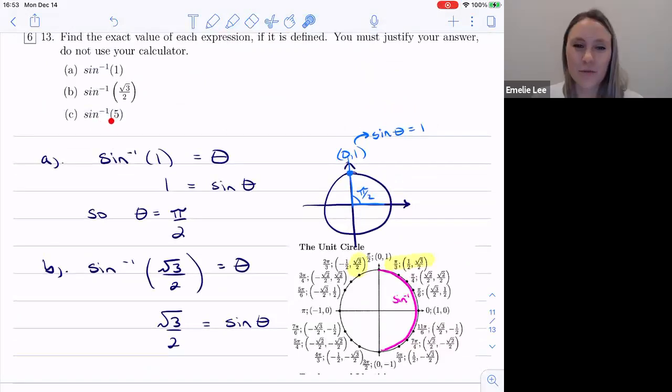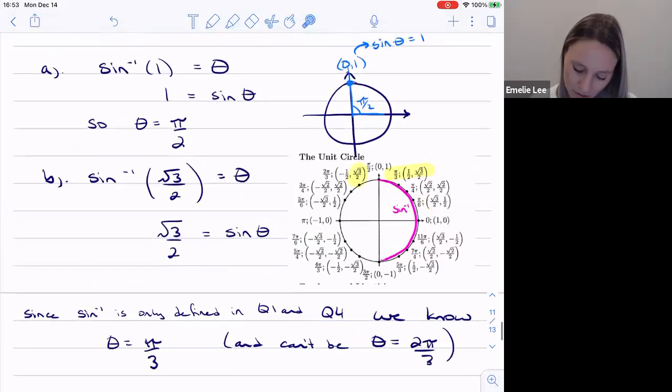Sine inverse of 5, let's think about it. Well, I'm restricted to the y values on this half circle, right? So my largest possible sine theta value is 1, and my smallest possible sine theta value is -1.